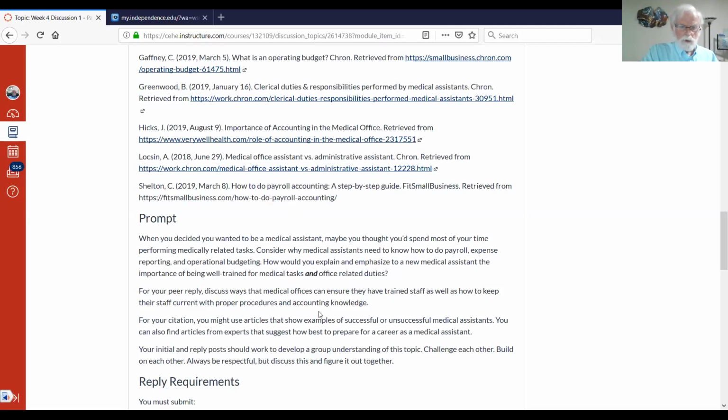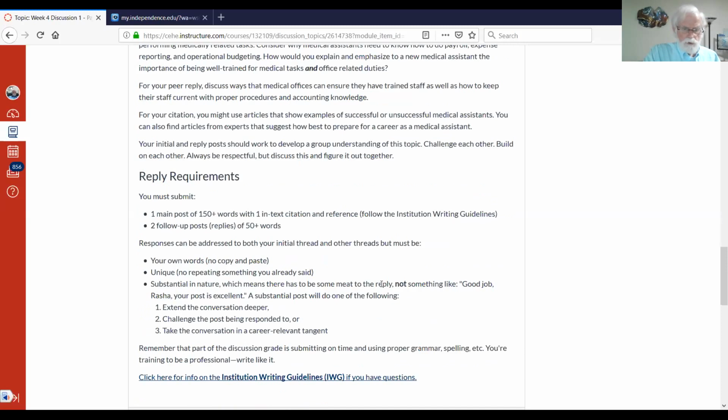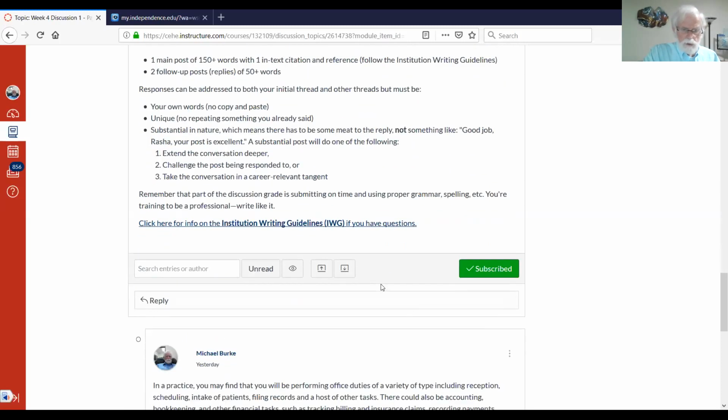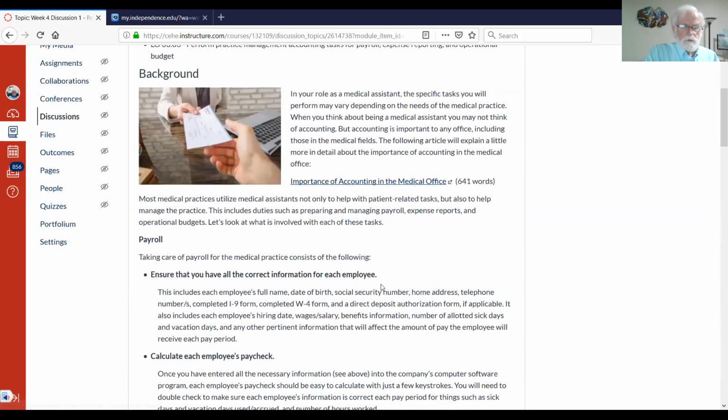As I said before, in a large practice there's usually plenty of people who do that as their job, and then you have your clinical staff in the back. So this is a discussion that you can look at. I've already made a post, so let's take it from there.